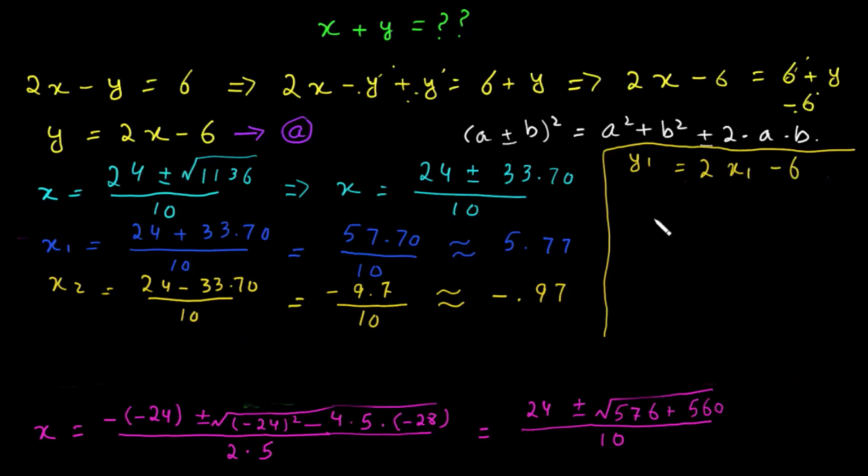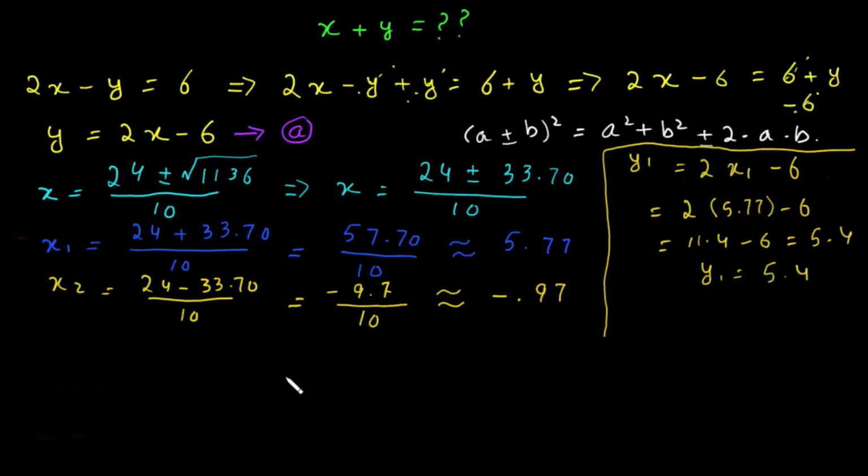Now I will substitute this value of x sub 1, that is approximately equal to 5.77, into this equation. After calculating, it will return me 11.4 minus 6, that is equal to 5.4. So we got one pair of x and y.